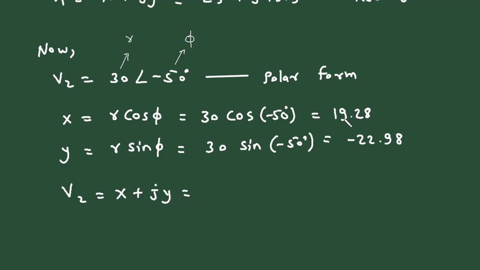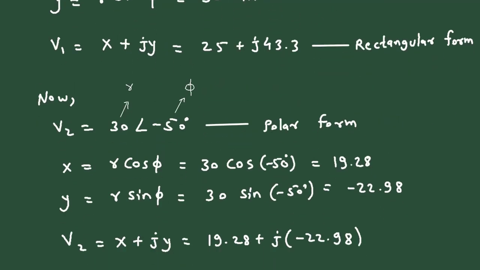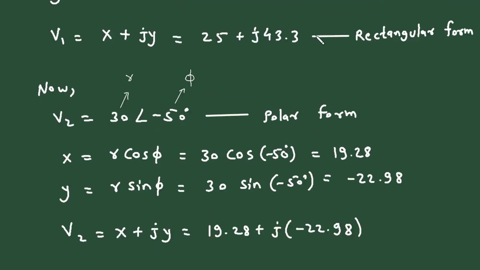The value of x is 19.28 plus j, the value of y is minus 22.98. So again, this is the rectangular form.